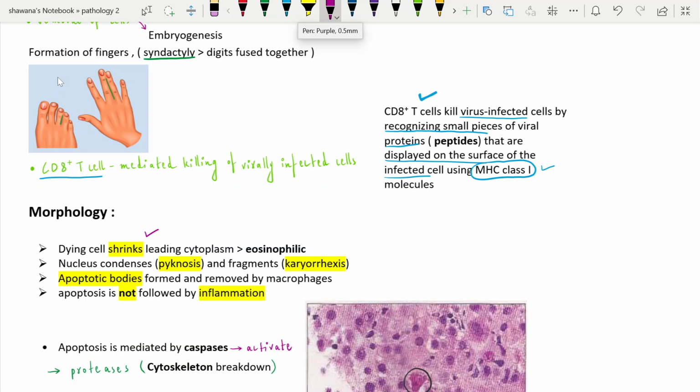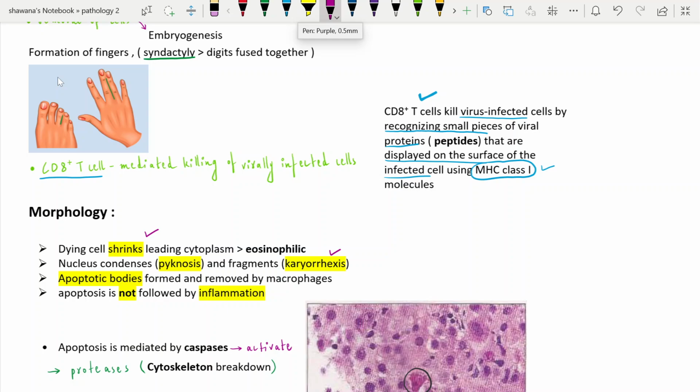The cell shrinks and the cytoplasm becomes more eosinophilic, meaning that it becomes dark pink in color. Also, as far as the nucleus is concerned, the nucleus becomes condensed. It results in pyknosis. This is the medical term for nucleus condensation. And the nuclear fragmentation is known as karyorrhexis, meaning the nucleus breaks down into small pieces or fragments.